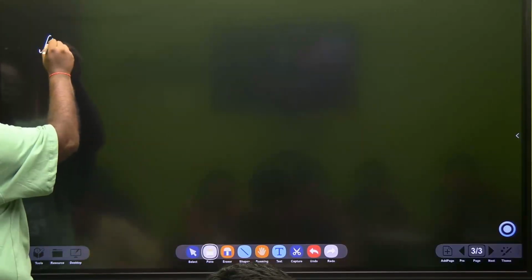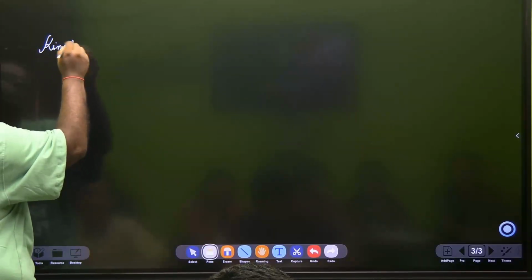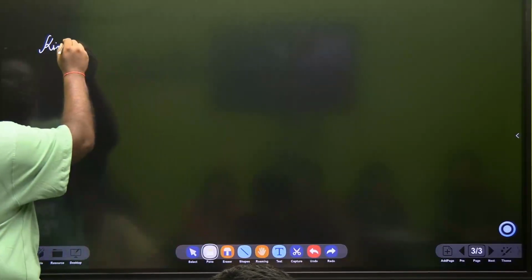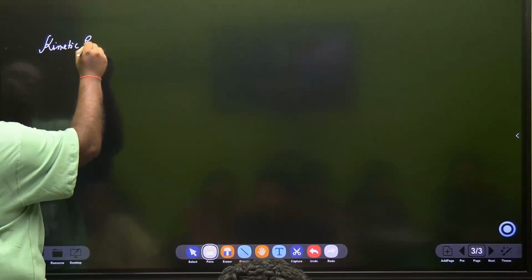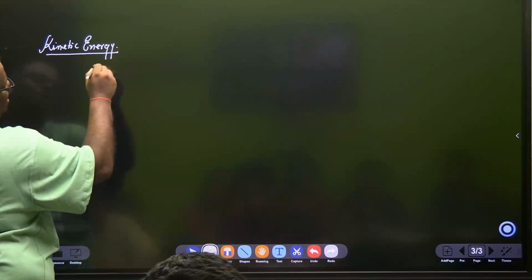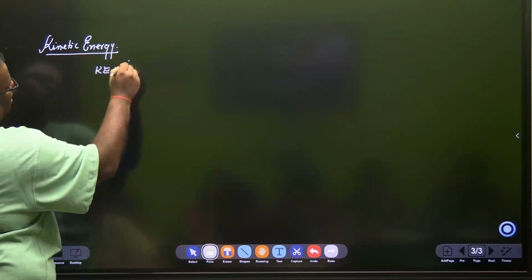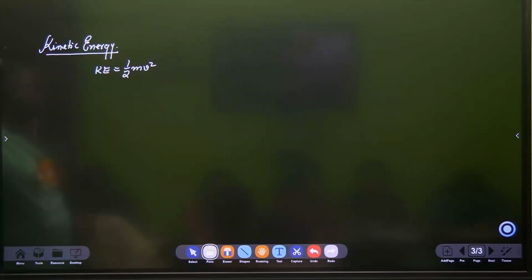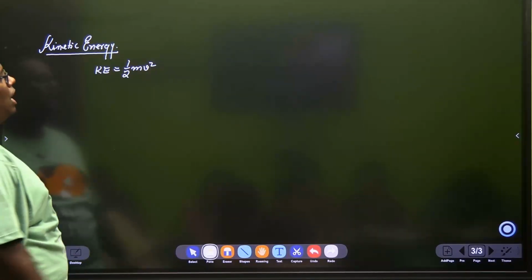Kinetic energy K is given as half mv square. ठीक है, खाली बात करते रहते हो तुम लोग. Half mv square.